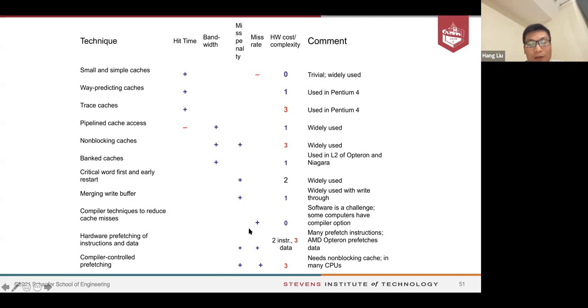There are increases in hardware complexity for some of them, except compiler techniques and smaller cache. Those are very simple. But you also have to note that some have side effects. For example, a smaller and simpler cache is going to have a higher miss rate, right? Pipelined cache is going to have a longer hit time.